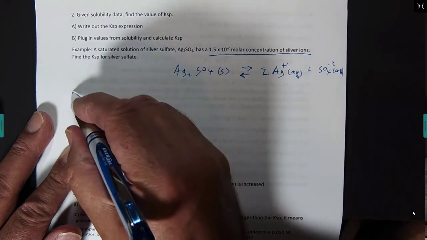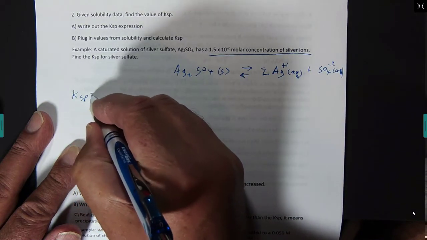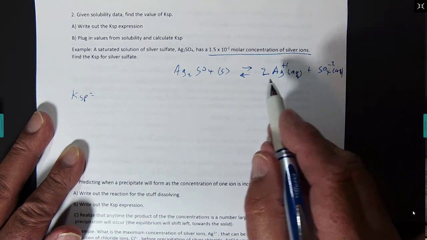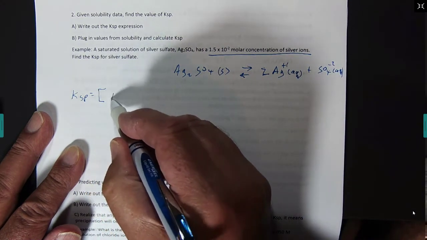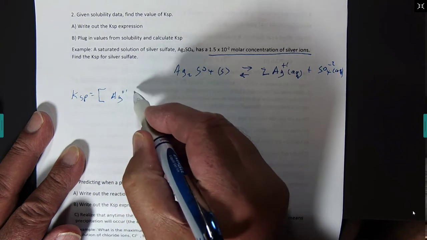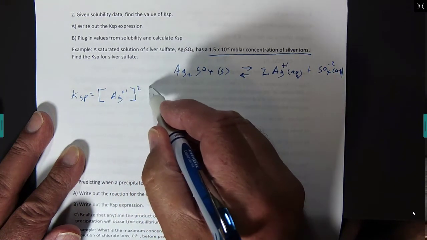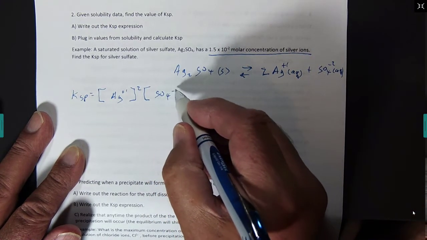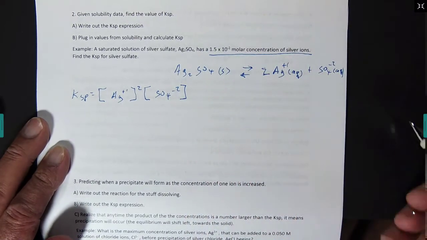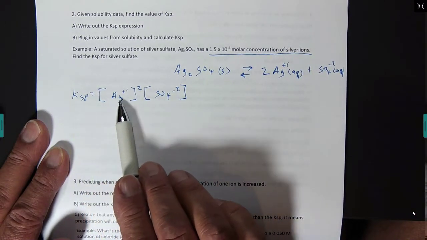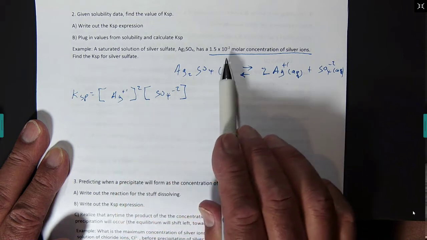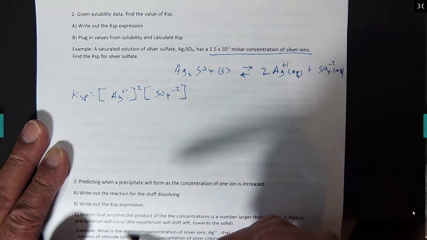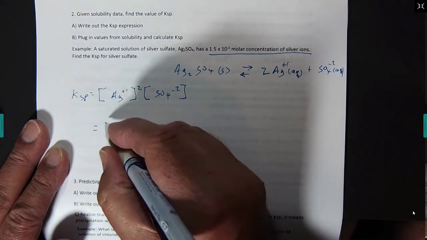So your Ksp is going to be the concentration of silver ions raised to the 2nd power times the concentration of the sulfate ions. If you're looking for Ksp, all you got to do is plug in a number here. Hey, it has a 1.5 times 10 to the minus 2 concentration of silver. Oh, geez. This is too easy, right?